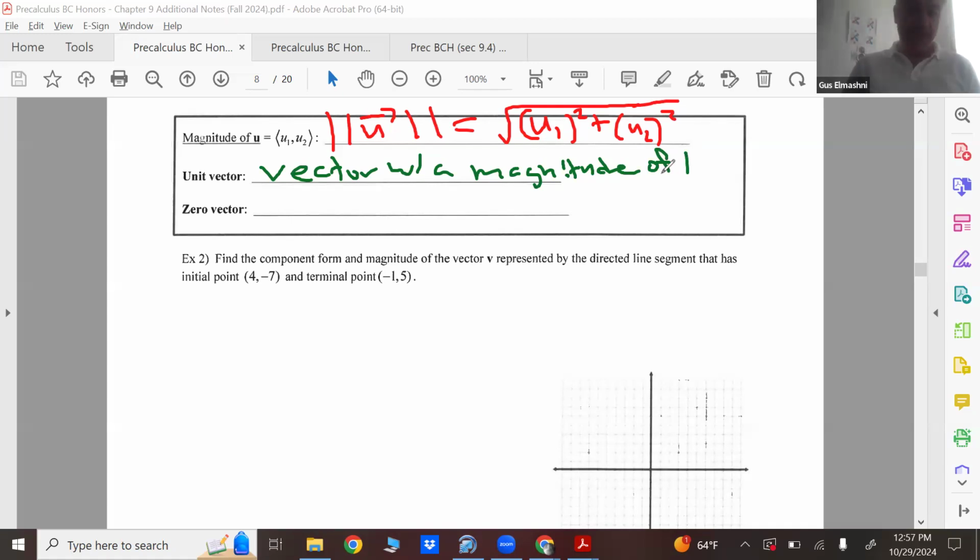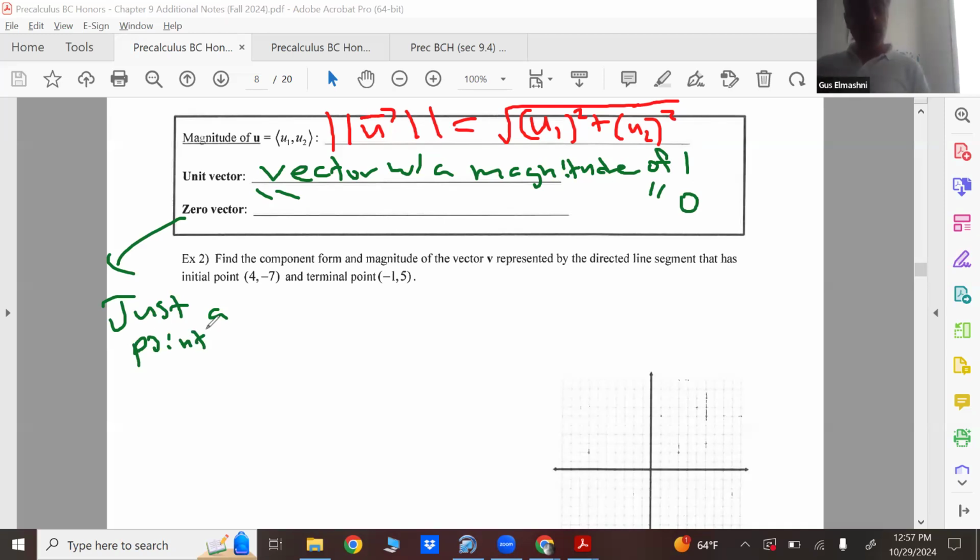A zero vector, as you guessed it, is the same thing with a magnitude of what? So in this case, it's just a point because it has no distance, right? It's just going to be a dot. It's kind of weird. But unit vectors are very common and very popular. We tend to see those often.